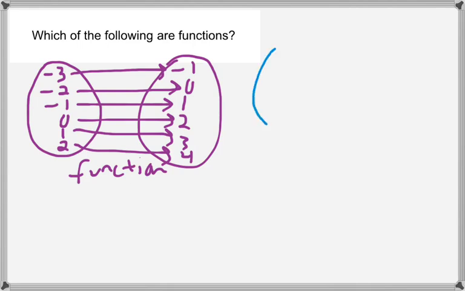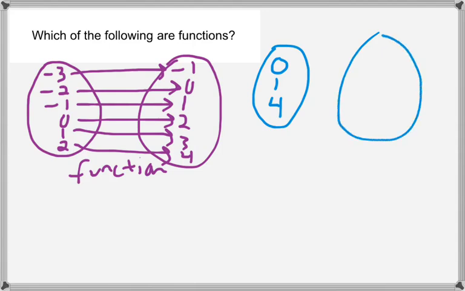Here's another example. Here's our set of inputs. And there's our set of outputs. And then we'll draw in the arrows to show the mapping.